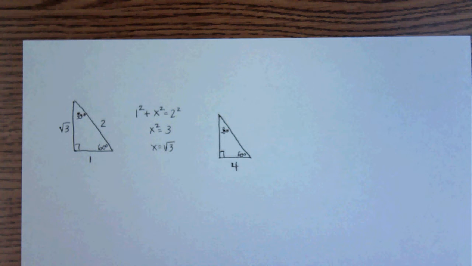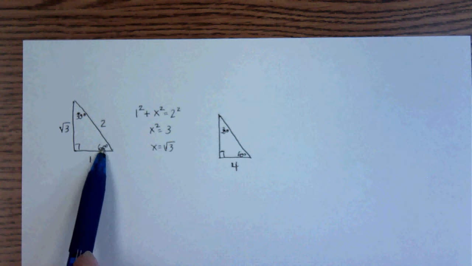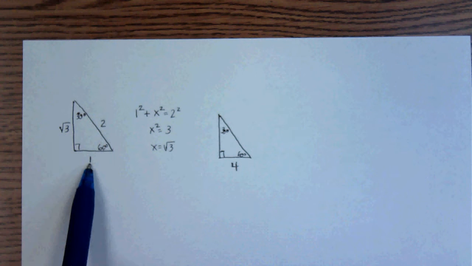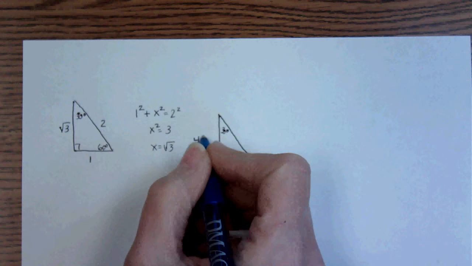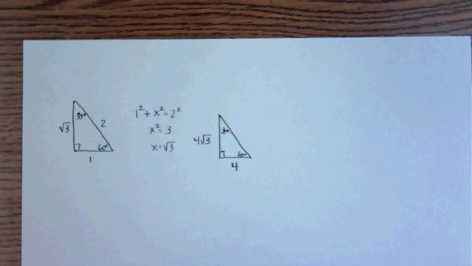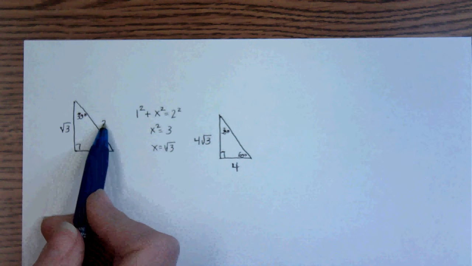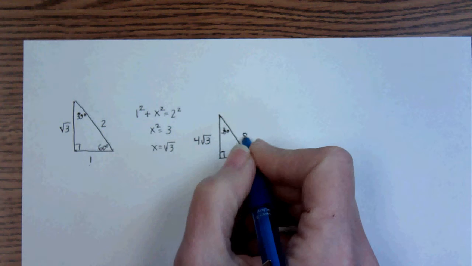And if I know the 30, 60, 90 triangle ratio, I should be able to conclude that the side opposite the 60-degree angle is always whatever the side opposite the 30-degree angle is, times the square root of 3. And the side across from the 90-degree angle is always twice as much as the side across from the 30-degree angle, so 2 times 4 is 8.